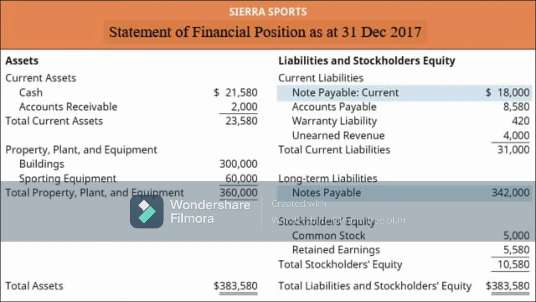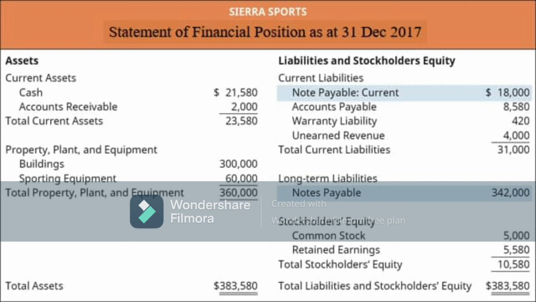At the current liabilities, we plus the notes payable current, the accounts payable, warranty liability, and unearned revenue, and we get the total current liabilities. At the long-term liabilities, we have notes payable. And lastly, we have stockholders' equity.